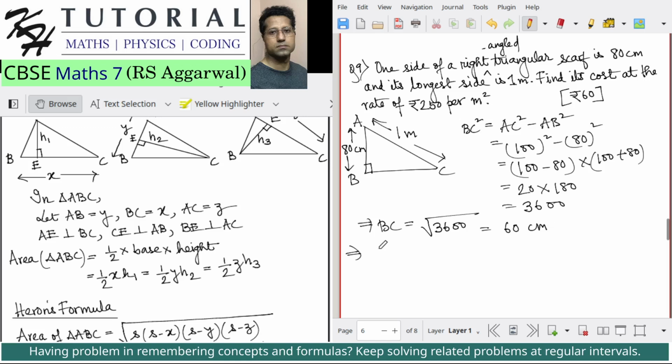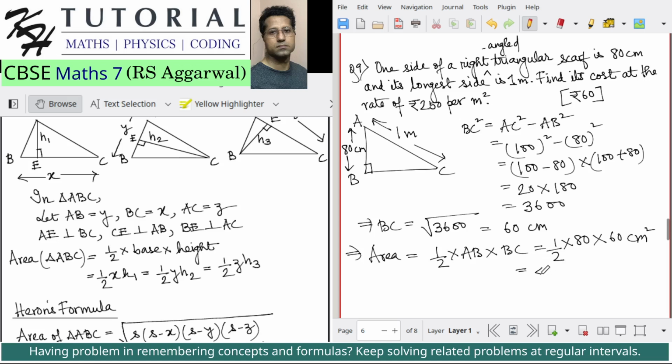So this implies area of the triangular scarf will be half multiplied by height, which is AB, and BC is the base. This is equal to half multiplied by AB is 80 and BC is 60 centimeter square.